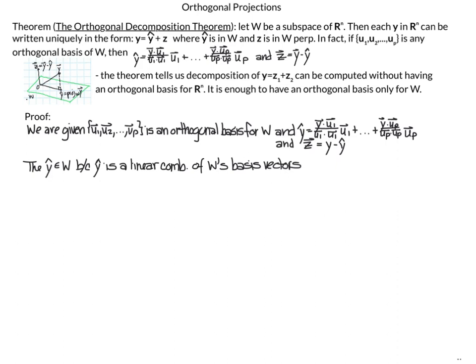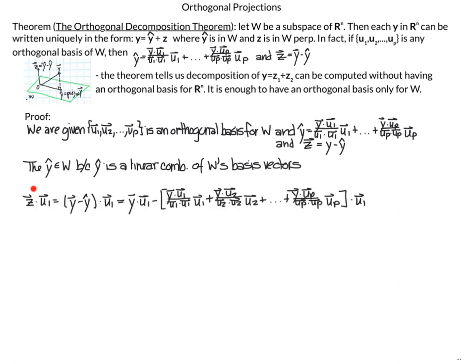we need to show that z is perpendicular to a basis for W. So here I start by taking z dotted with u1. So z is equal to y minus y hat, dotted with u1. Distributing the u1, I have y dot u1, and then I have y hat, for which I copied my formula here, dotted with u1.